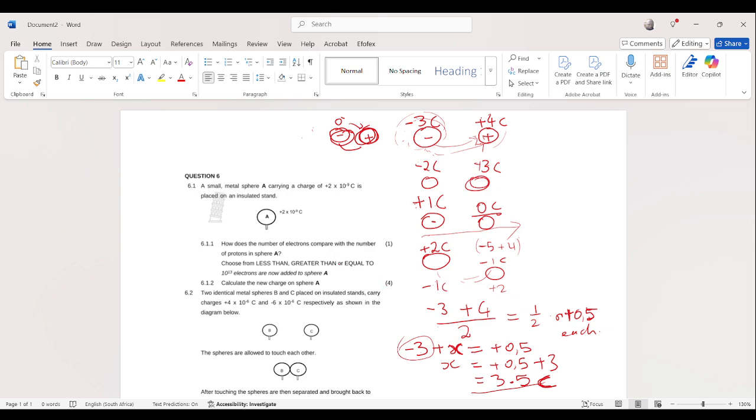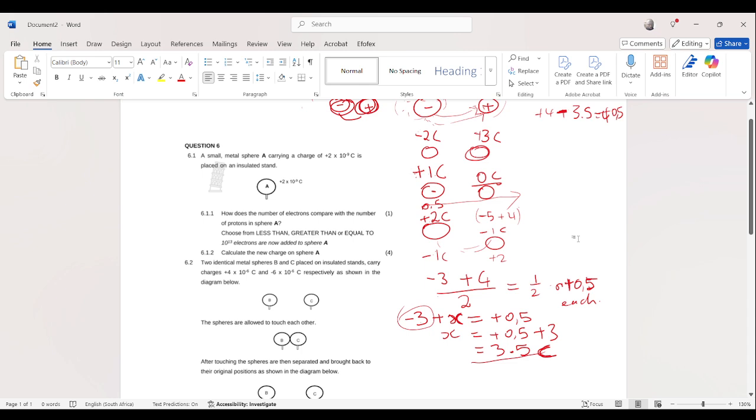If you transfer 3.5 charges, you will be left here with 0.5. You agree? Yes, sir. And if you transfer that negative 3.5, you will have positive 4 plus negative 4 minus 3 minus 3.5, which is positive 0.5. You agree? Yes, sir.